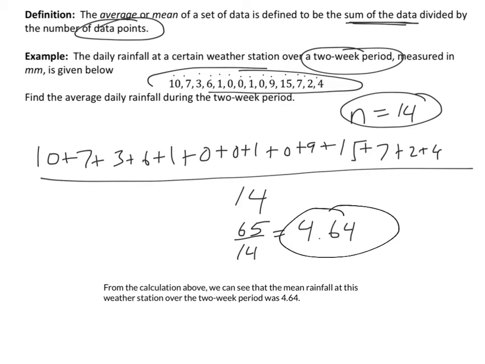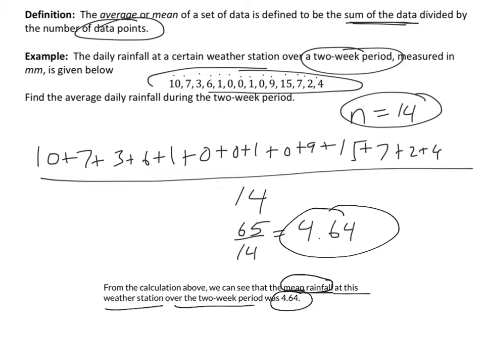I took a moment to write it and explain it. I said from the calculation above, we can see that the mean rainfall, I defined not just what I found, the mean, but what it was the mean of, the mean rainfall at this weather station over the 2-week period, was 4.64.